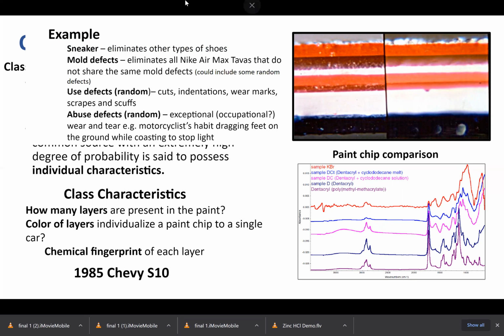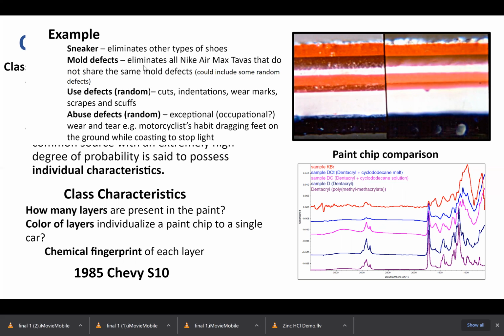So an example of how class characteristics can get narrower and narrower until it's pretty much an individual characteristic. A sneaker eliminates other types of shoes. So if you have a footprint, a shoe print, or an actual sneaker, you can say, okay, well, people who wear dress shoes wouldn't be in that group.